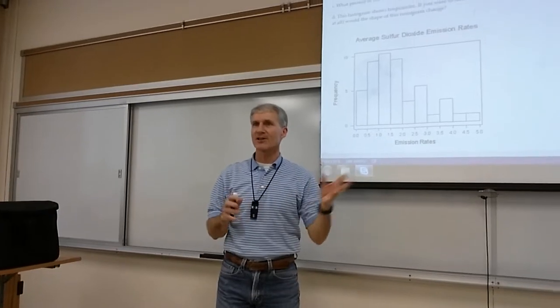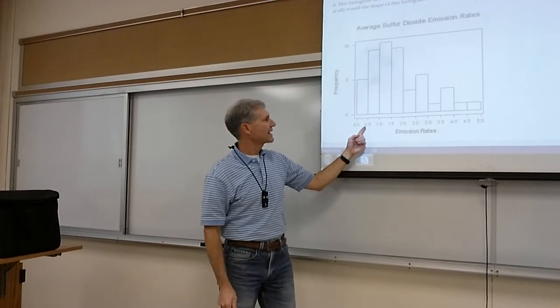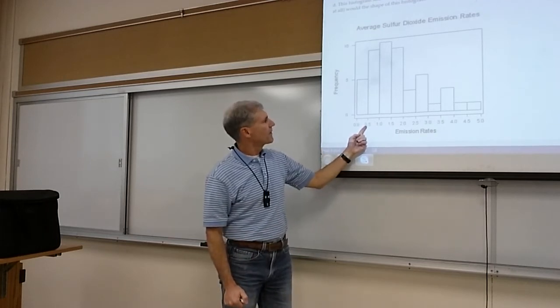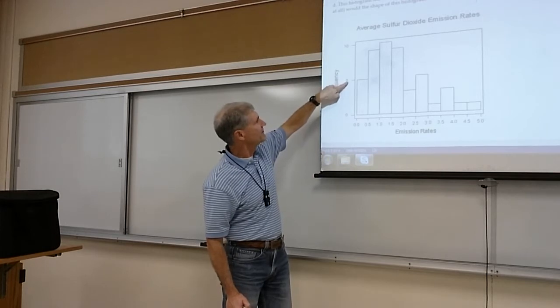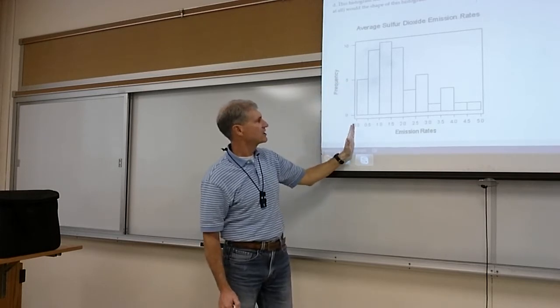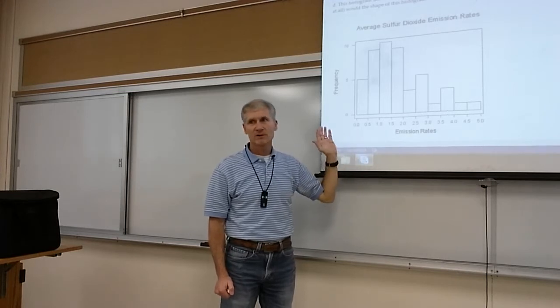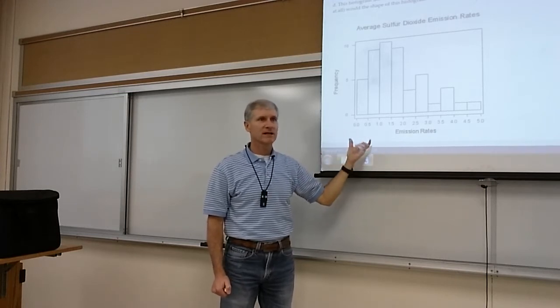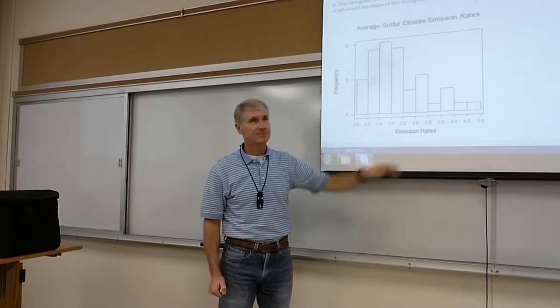So yeah, you get the outliers, but you also get all the other data points. Here, for instance, I can see that there's 5 states that were between 0 and 0.5, but I don't know if that's 0.1, 0.2, 0.38, right? I don't know the original data from a histogram.